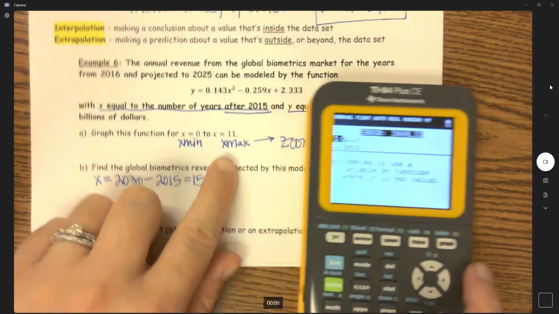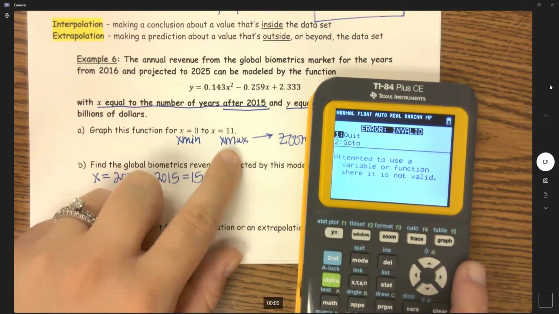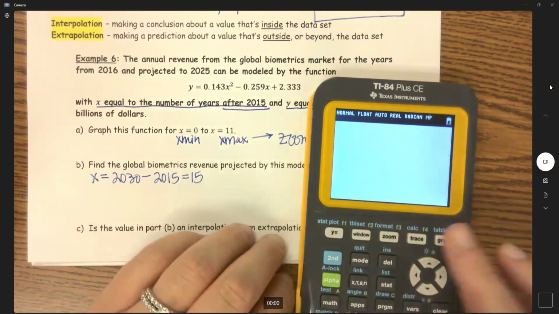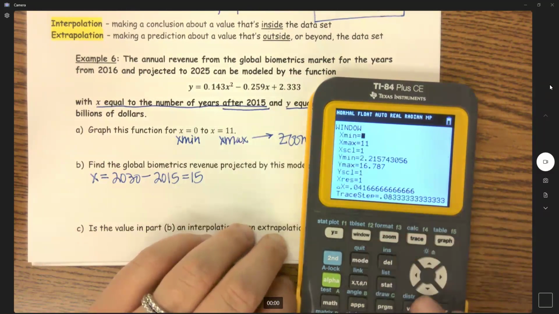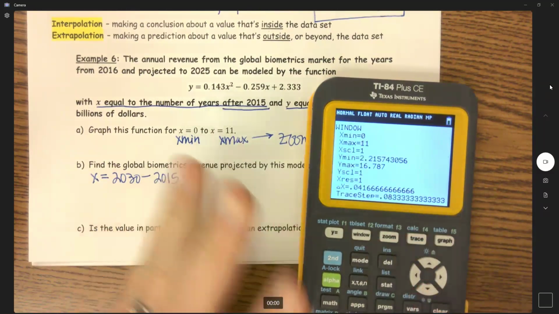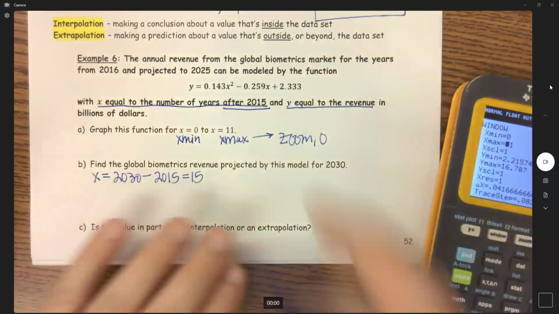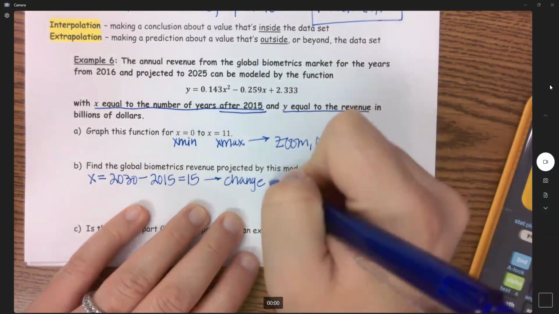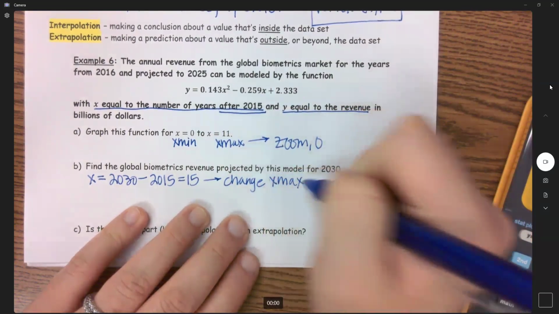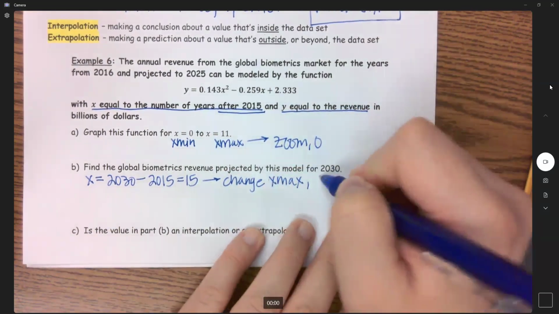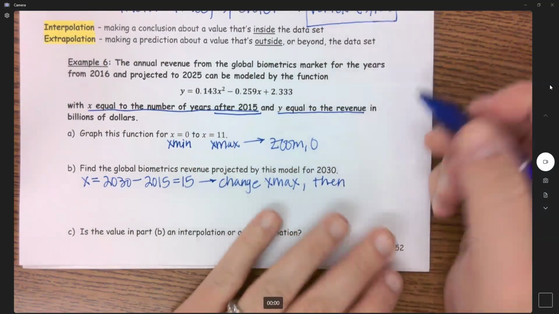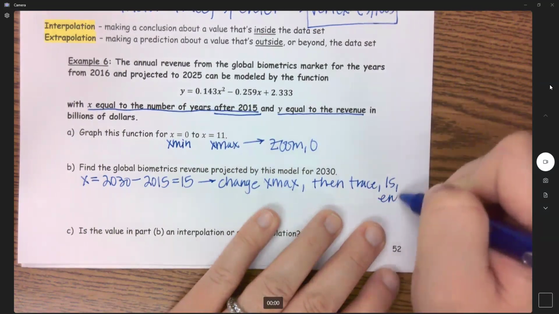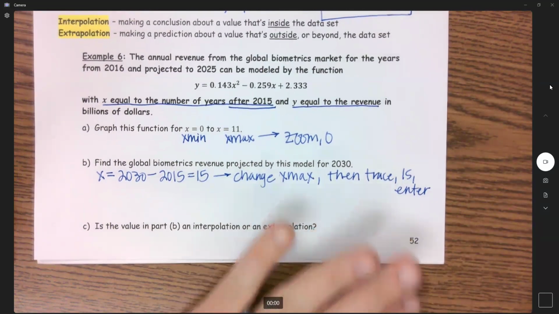Why? Well, right up here, I made my X max 11, and I'm trying to figure out what happens when X is 15. So I need to go to my window and expand my X max out. So we're going to change our X max, then we can do trace 15, enter.